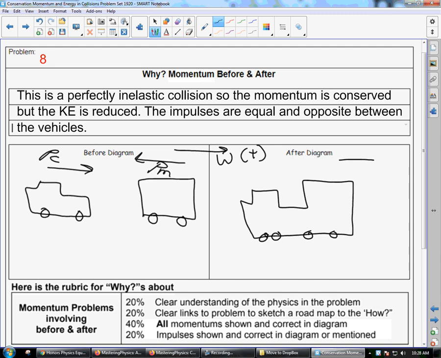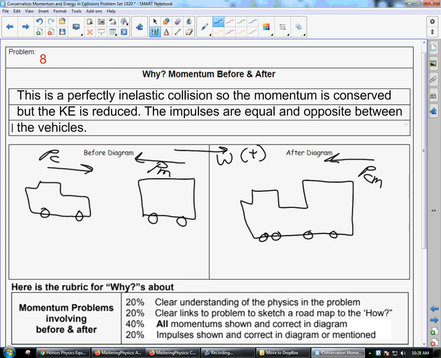So they're going to have a momentum in this direction, and I'm going to call that CM for car minivan, since they're a new body, they're a single thing. And let's see. I think it's clear I understand the physics. Diagram gives me clear links to my problem.